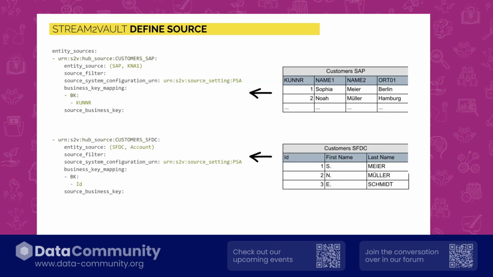In the same way, you can do the Salesforce one. The only difference is that you use different source tables, source schemas, and different columns, but the structure you use doesn't change. It's all the time the same.